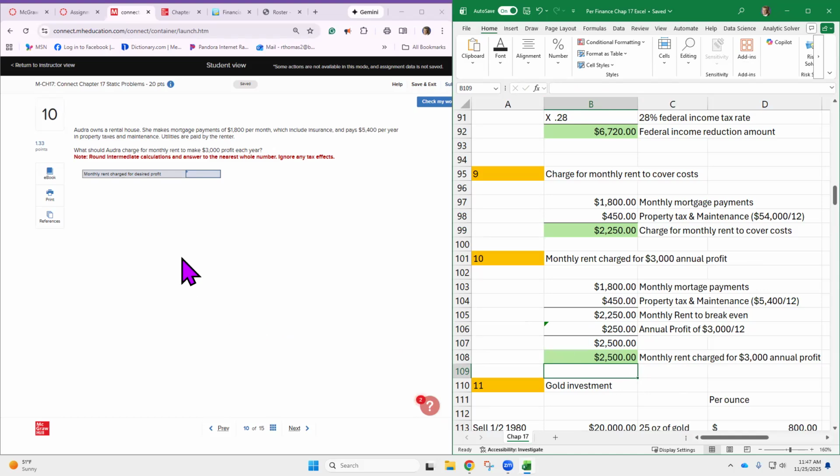Just one more time for the road. If you take $250 times 12, you get $3,000. So she's got to charge that extra $250 a month if she wants that $3,000 profit for the year.